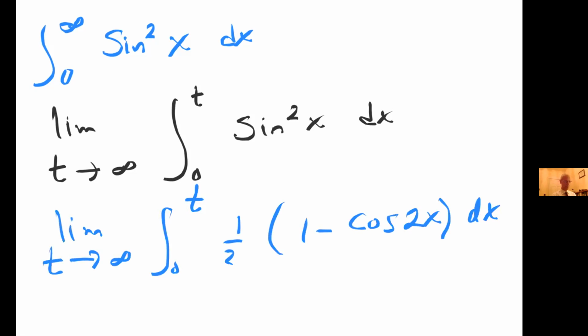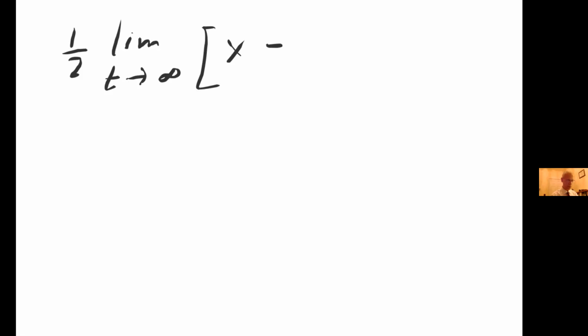So of course I can take the 1/2 out. So this becomes 1/2 limit as t is approaching infinity. Integral of 1 is x, minus integral of cosine of 2x is sine of 2x, then chain rule in reverse, I get a 1/2 in here, from 0 to t.